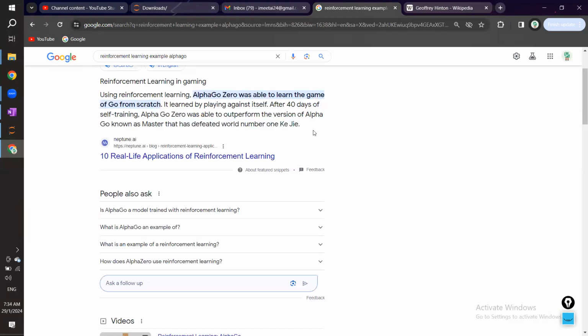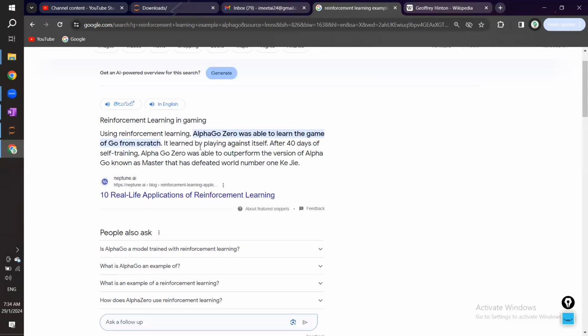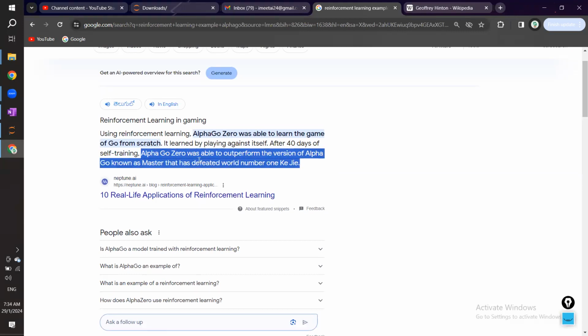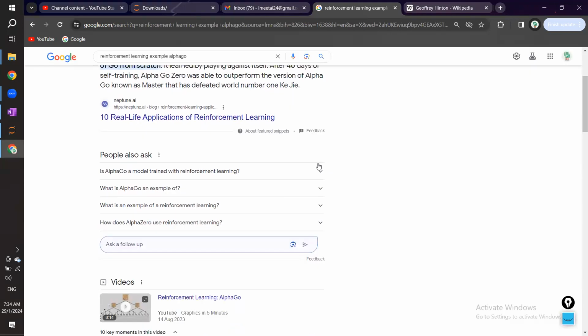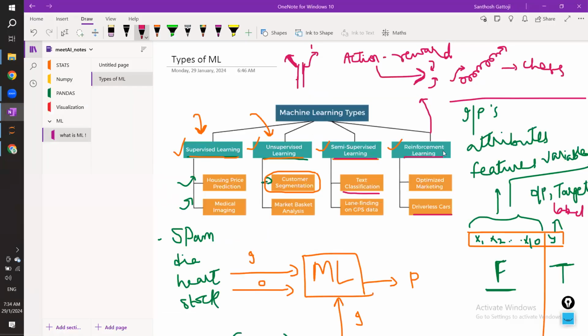I think they first trained AlphaGo, and once they had done this, it was able to outperform the person and defeat the world champion. That is the example of reinforcement learning.